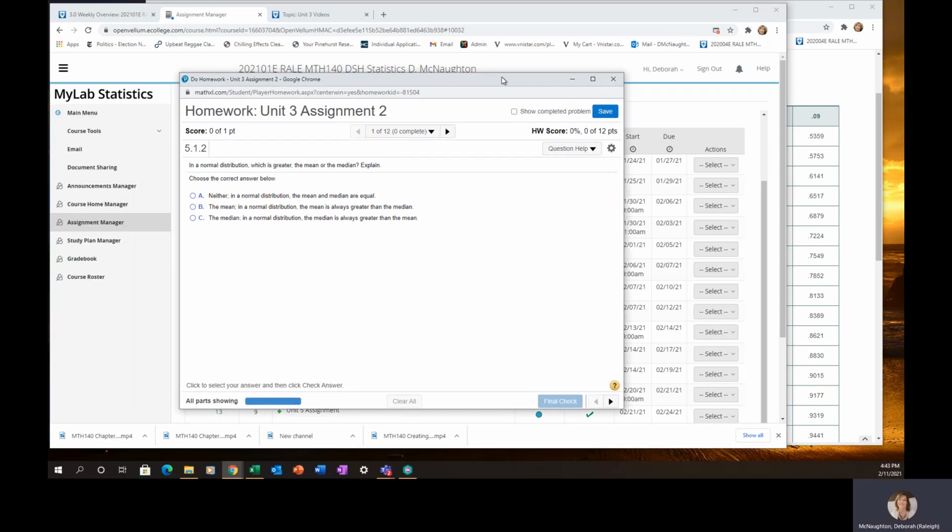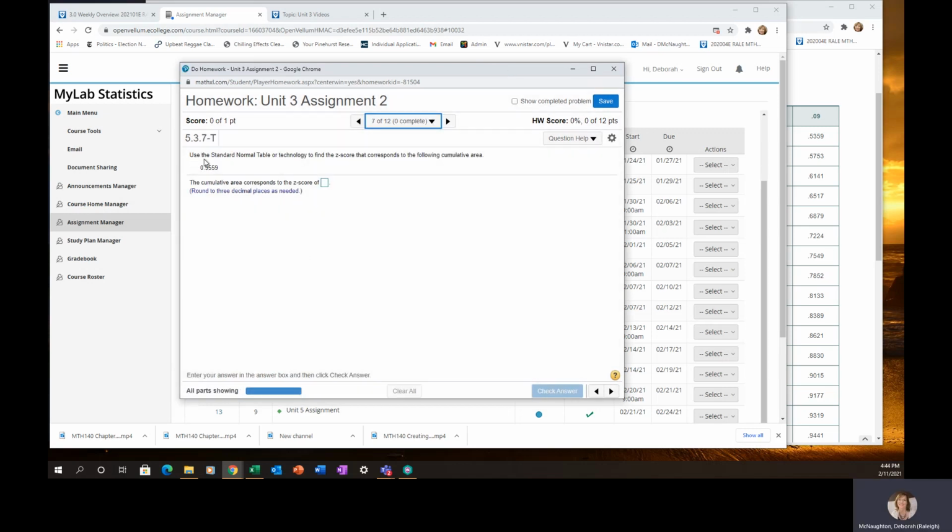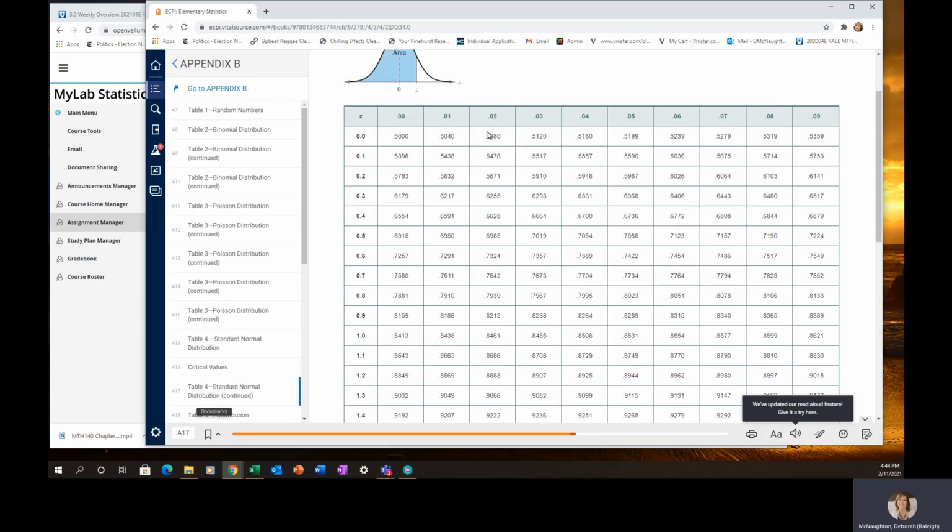Like I said, this is number 7 through 9. Use the standard normal table to find the z-score that corresponds to the cumulative area. If I want to use the table, remember, these are my z-scores, and in the middle here is the probability.